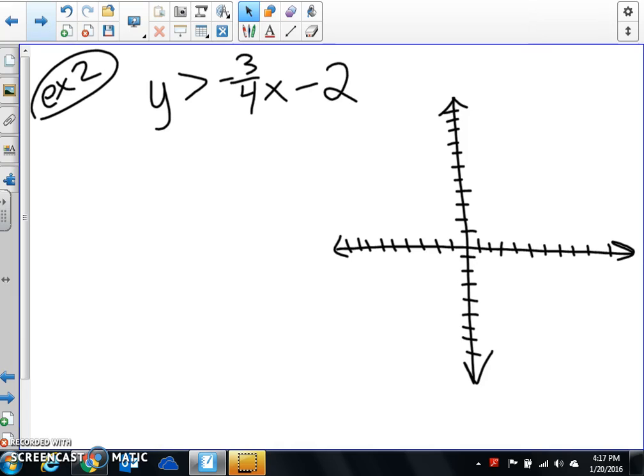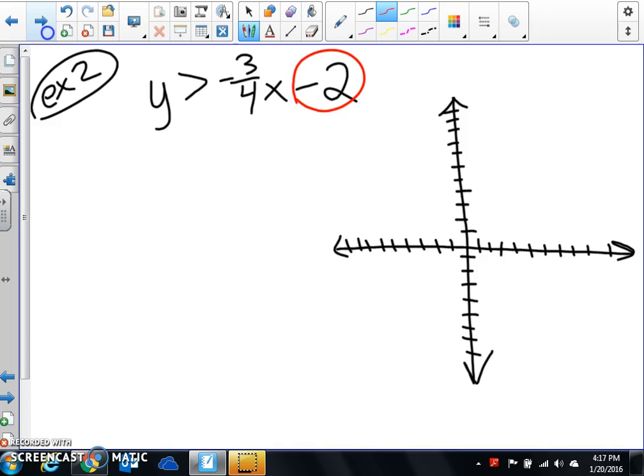All right. Is it in y equals mx plus b? Yep. So I plot my negative 2. I go to the y-axis to a negative 2. Then I do my slope. My slope is equal to negative 3 over 4. So I go down 3, 1, 2, 3, to the right 4, 1, 2, 3, 4, and the opposite, 1, 2, 3, 1, 2, 3, 4.